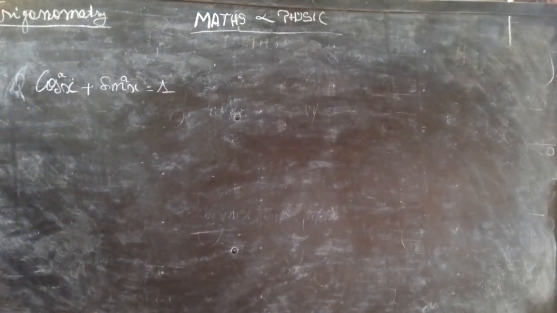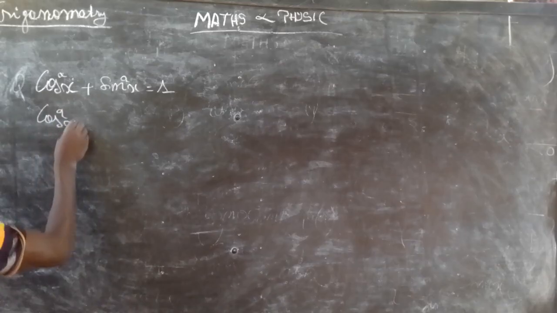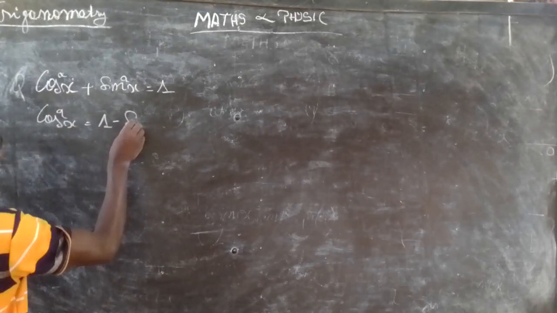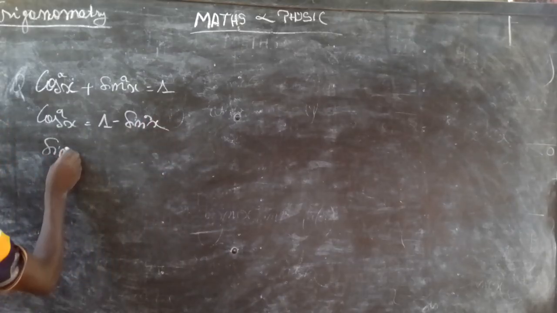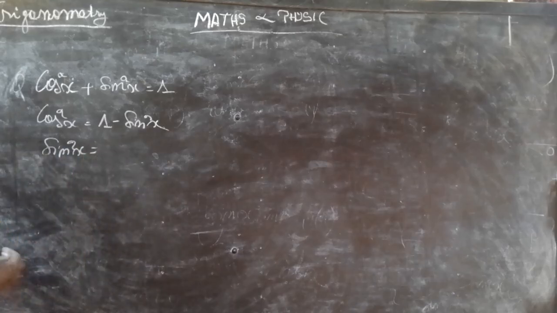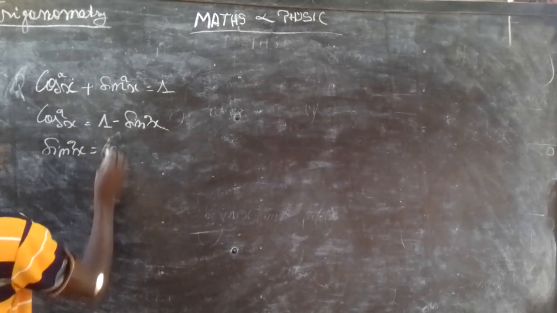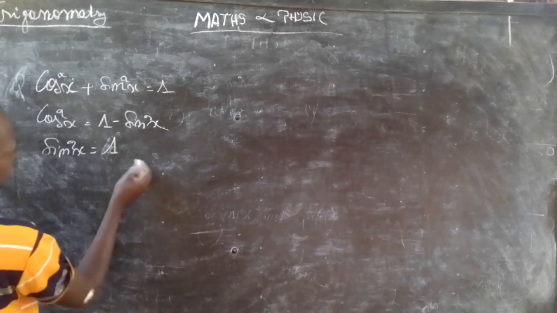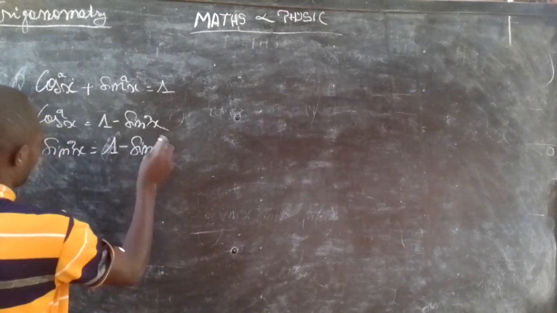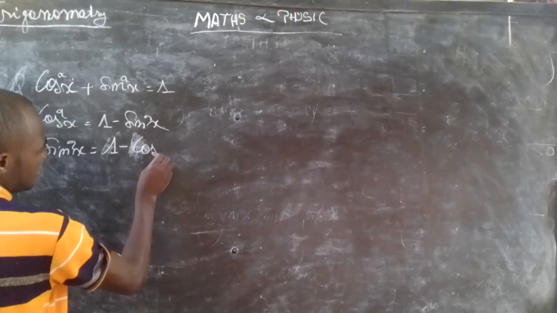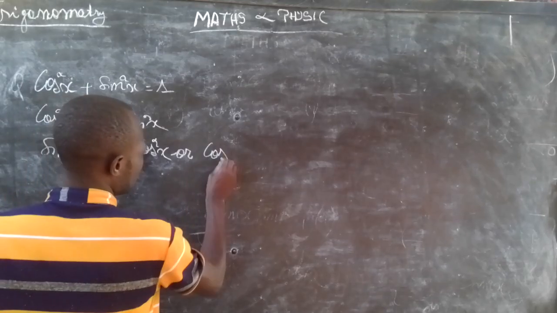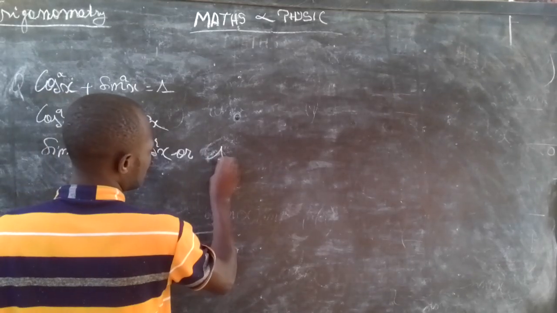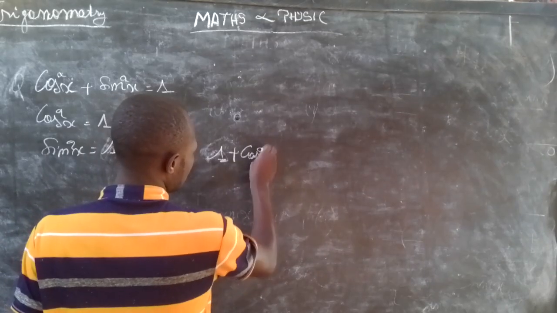By this you see that cosine square x will be equal to 1 negative sine square x, and also sine square x will be equal to 1 minus cosine square x.